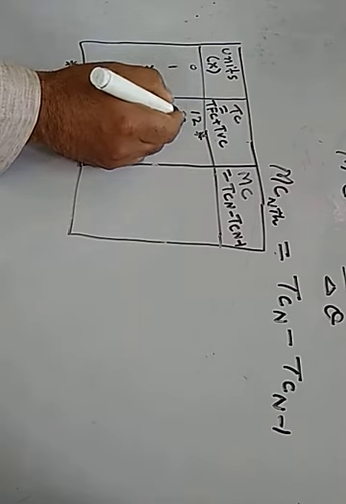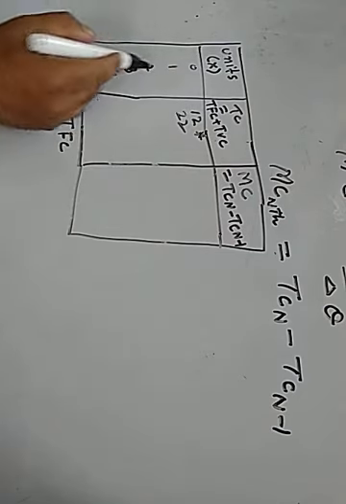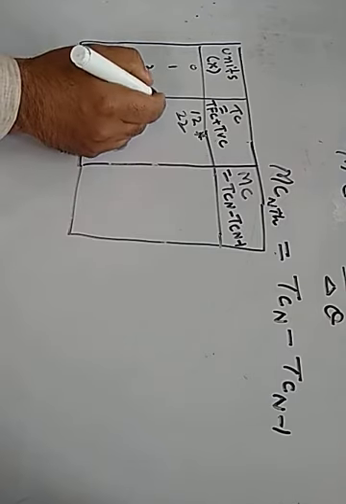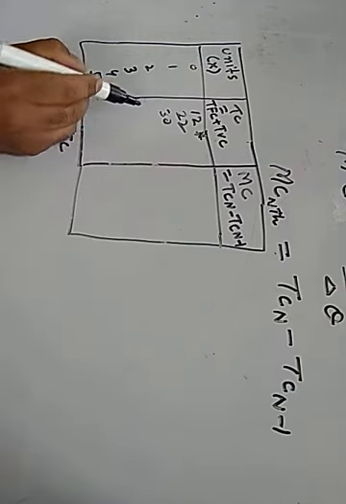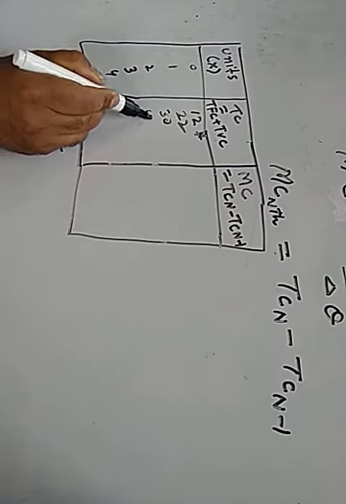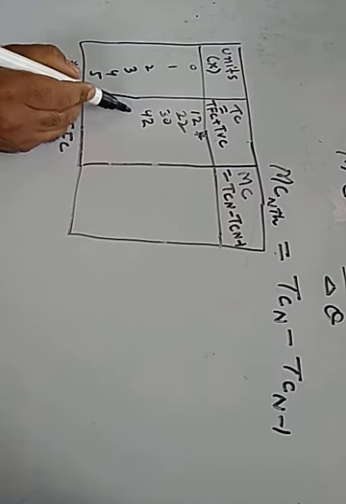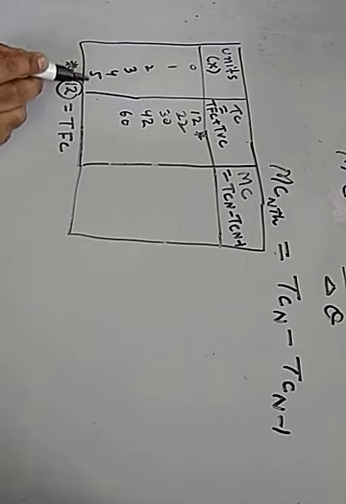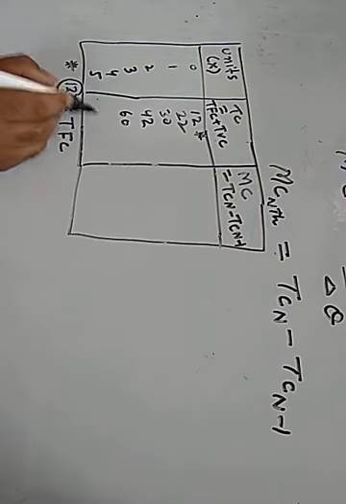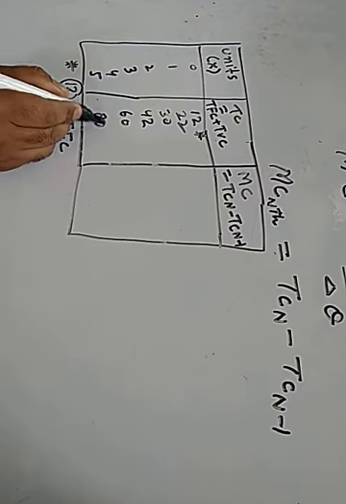Suppose it is 22 when 1 unit is produced, and for others it is 30, then 42, 60, and suppose for this level of output it is 80 rupees.